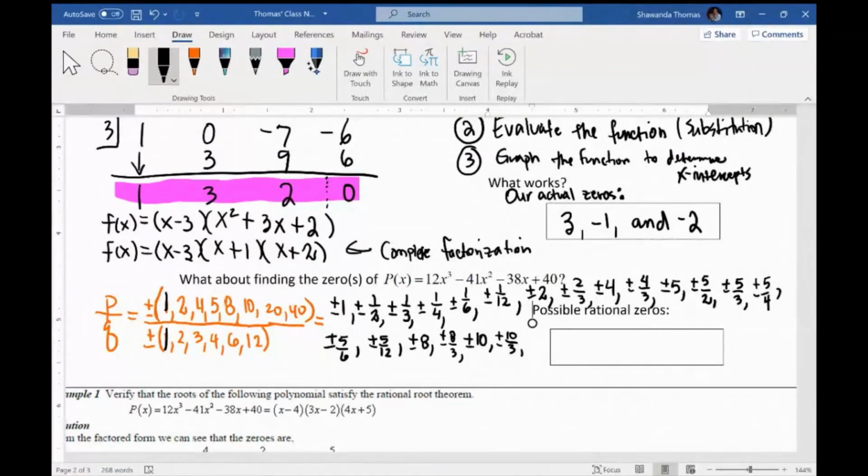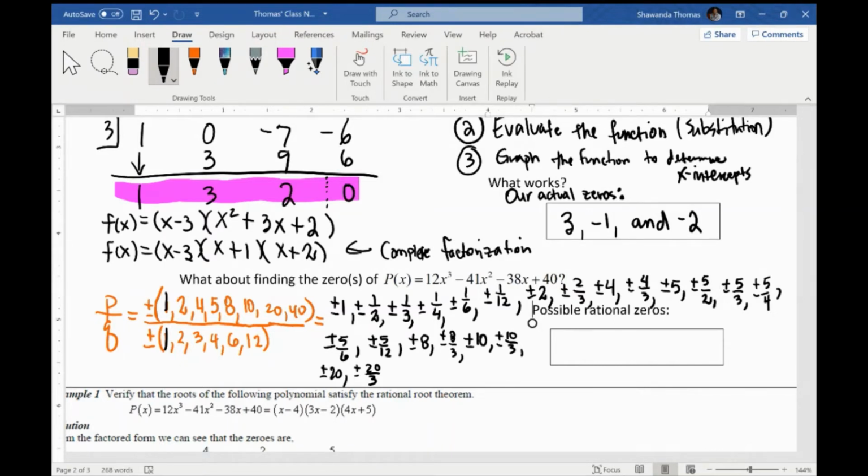We're moving on to what p now? 20. 20 divided by 1 is 20. 20 divided by 2 is 10. We already got 10. 20 divided by 3 is 20 over 3. 20 divided by 4 is 5.